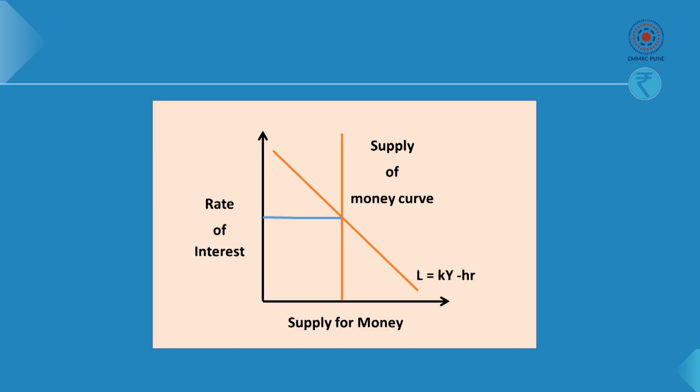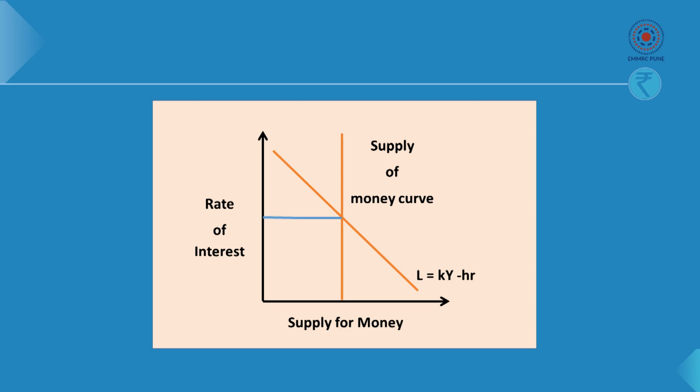The market for money is in equilibrium when the amount of cash demanded is equal to the amount of money supplied by the Central Monetary Authority. The figure shows money market equilibrium.